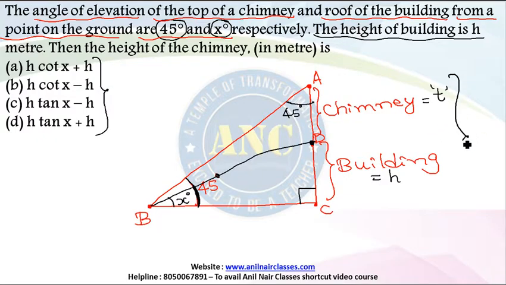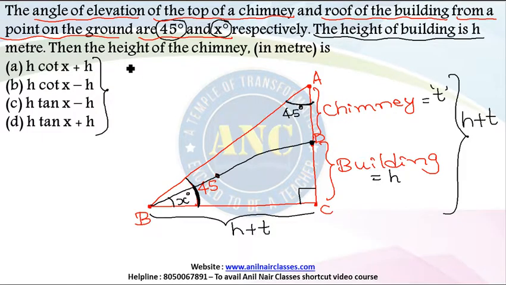The total height AC is nothing but h plus t. That same side, h plus t, should be opposite to this angle 45. That means BC value is also h plus t. I know now that BC value is h plus t. By using method 2, directly I got it.